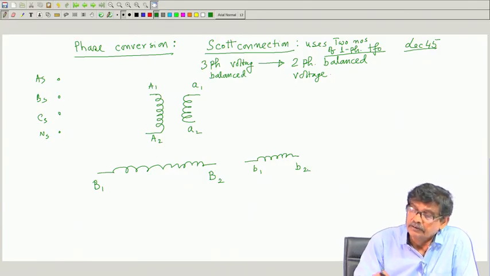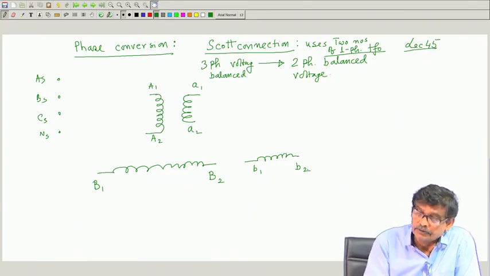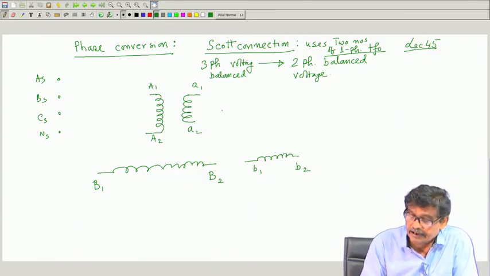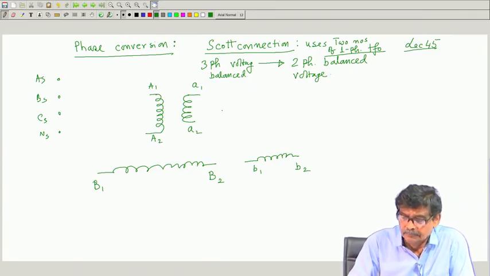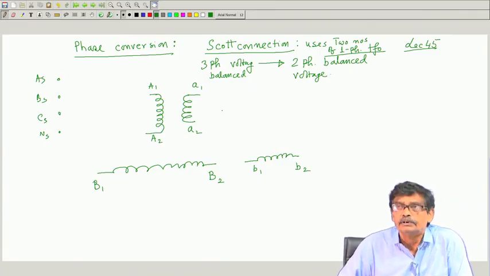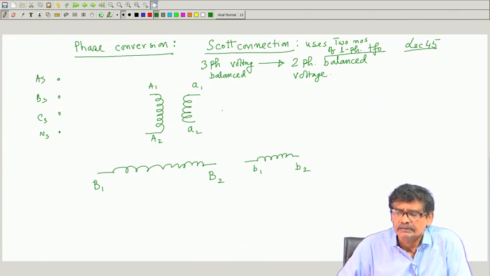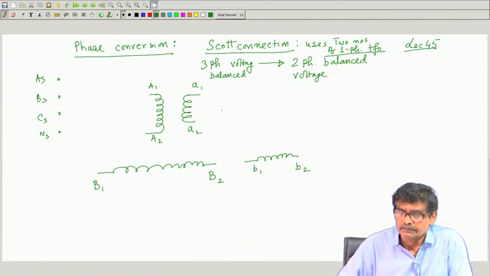Now, we require 2 transformers, one transformer is transformer A, another transformer is transformer B. Now, are these 2 transformers identical? Really not.